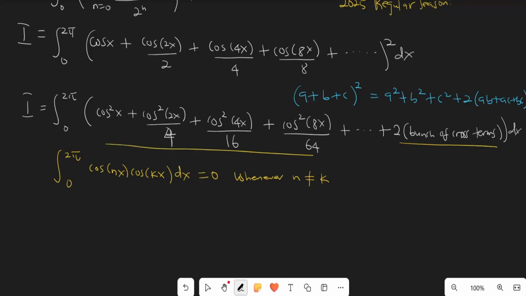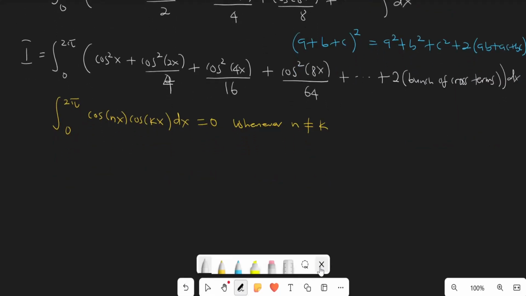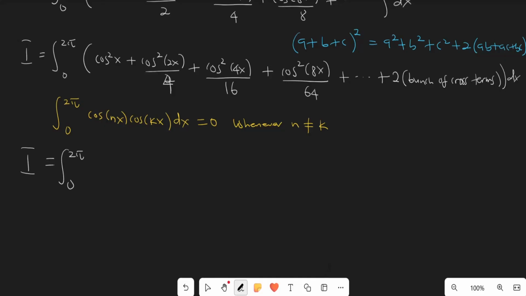Next is now to look at these square terms. This is how we can write them. I is going to be the integral from 0 to 2 pi. The cosine square of x can be written as 1/2 into 1 plus cosine of 2x, plus 1 over 4. Cosine square of 2x can be written as 1/2 into 1 plus cosine of 4x, plus 1 over 16.